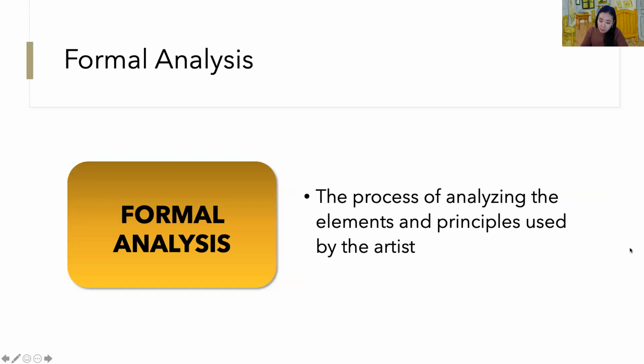The process of analyzing the elements and principles used by the artist is called formal analysis. To analyze a work of art fully, formally, one describes in specific detail how each element and principle is utilized within it.